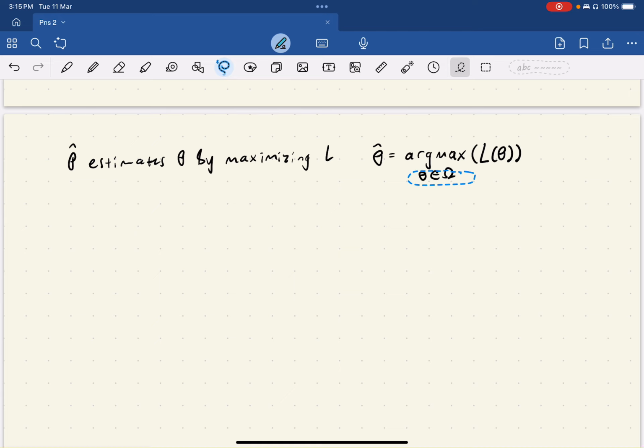What this notation means is that argmax simply means take the argument that maximizes, and L of theta is the likelihood function with respect to theta.